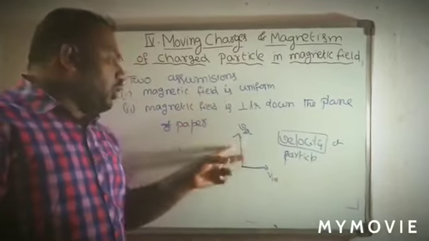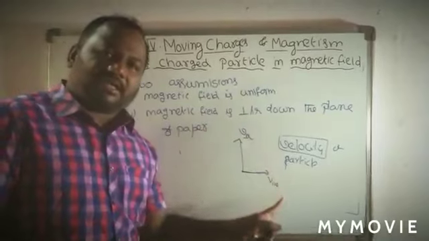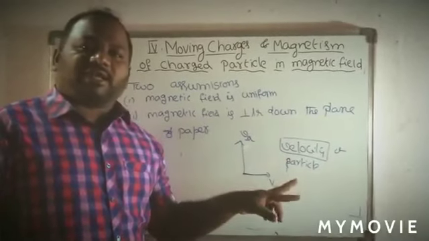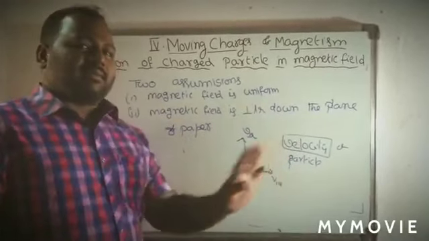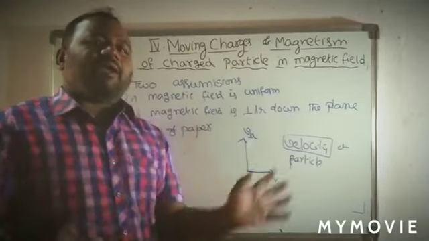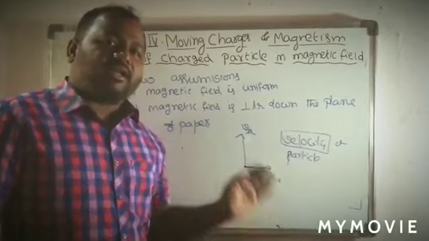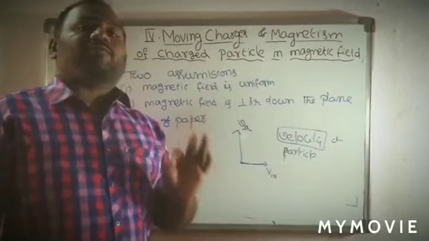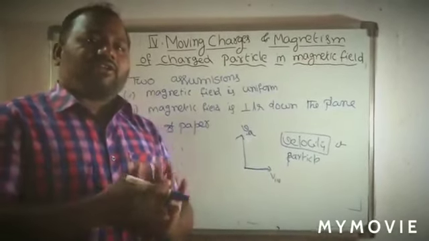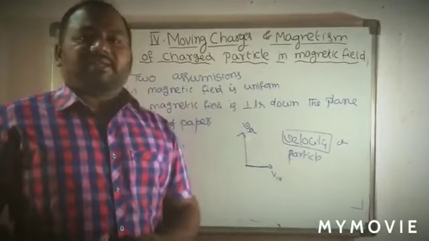So two different velocities can be present, and due to them two different motions can be taken. Whenever we combine those two components, that is the actual velocity of the charged particle. Due to that, what type of motion can be taken? Now we are going to study that concept.